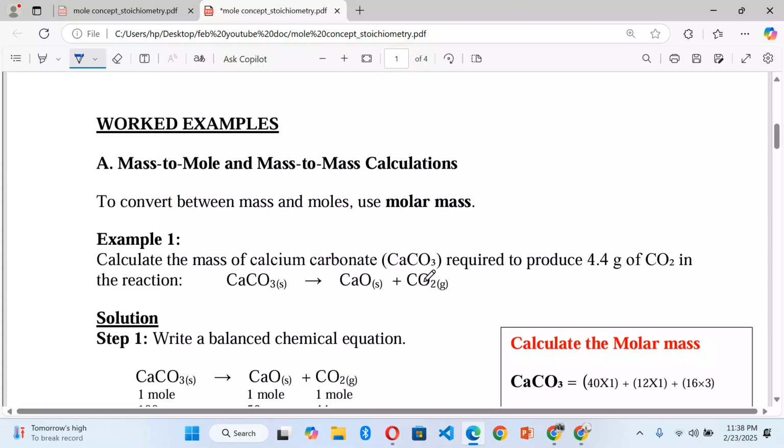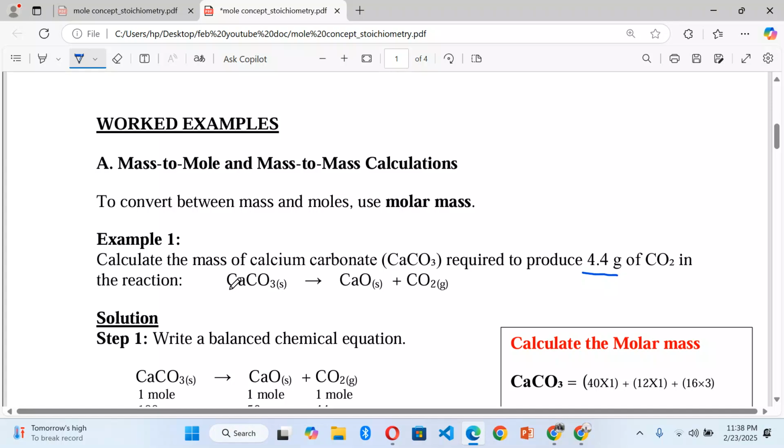The question is, how much calcium carbonate decomposed to produce 4.4 grams of carbon dioxide gas? We can answer this using stoichiometry. If you recall, the coefficients of different substances are what we call stoichiometric coefficients, and you get them after balancing the equation.